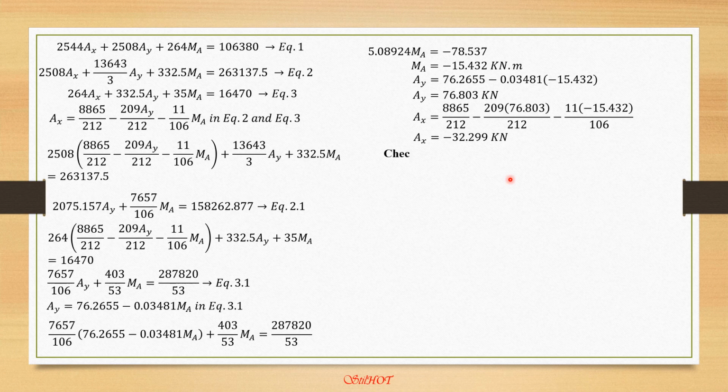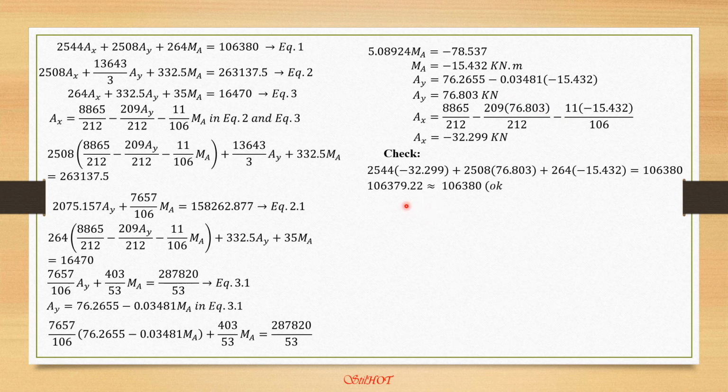So let's check the answers. Substitute into equation 1: 2544 times negative 32.299 plus 2508 times 76.803 plus 264 of negative 15.42. So the left side is 106,379.22, which is approximately equal to 106,380.